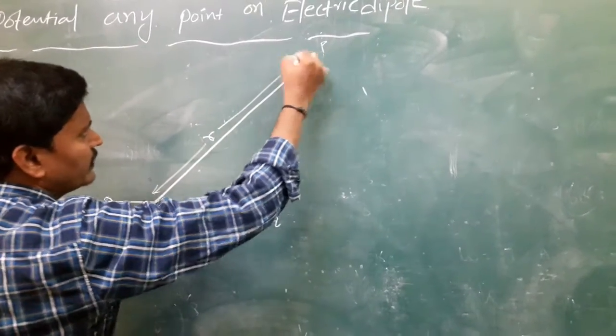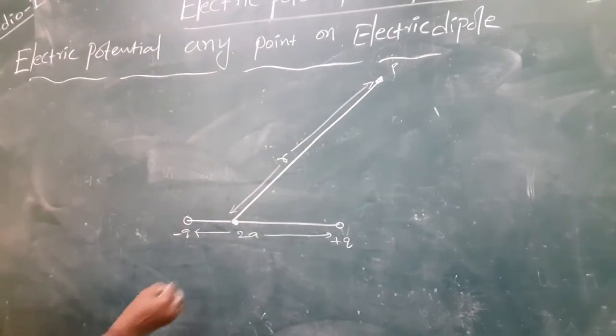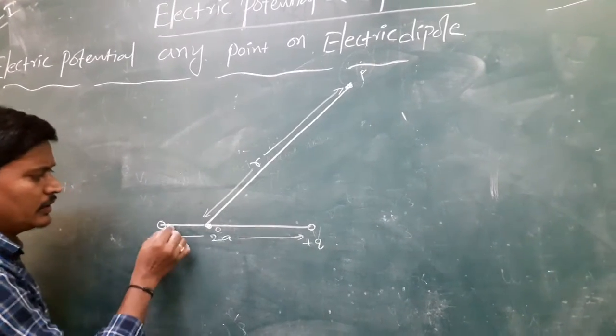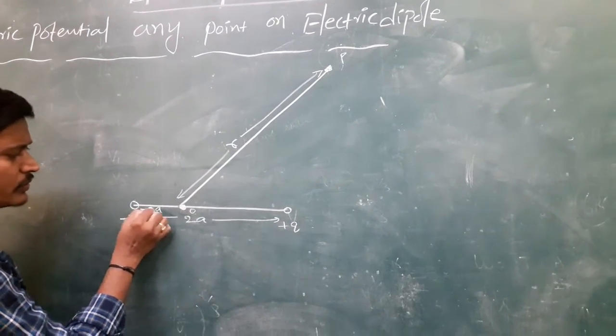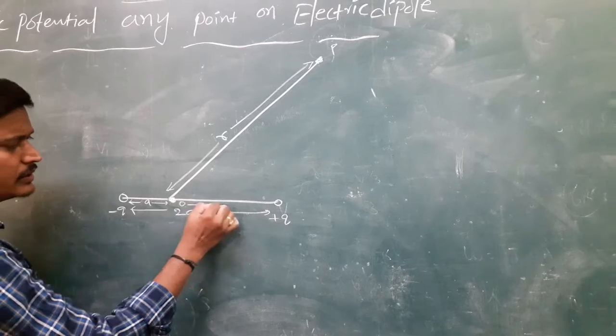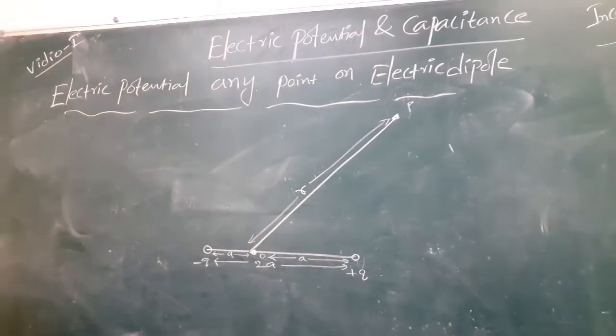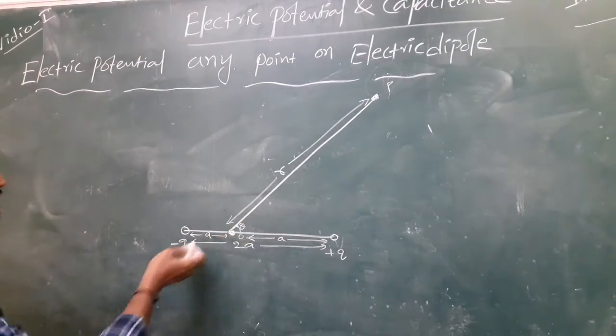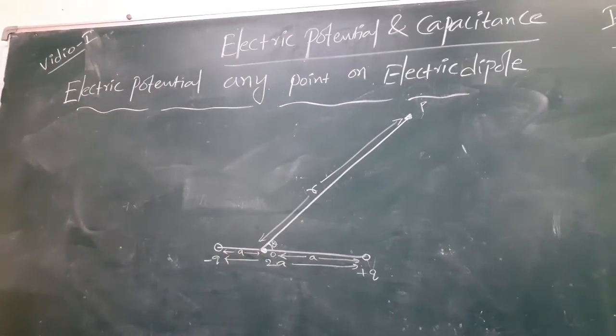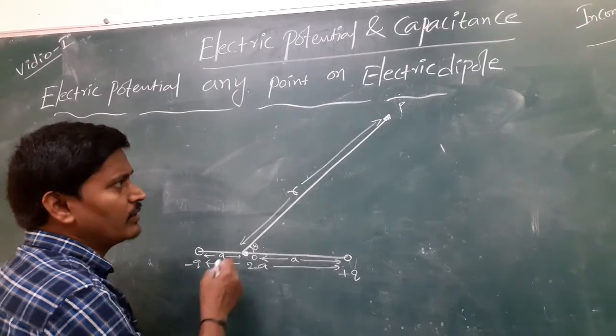Here this distance is equal to a. Then theta is the angular position of this point.